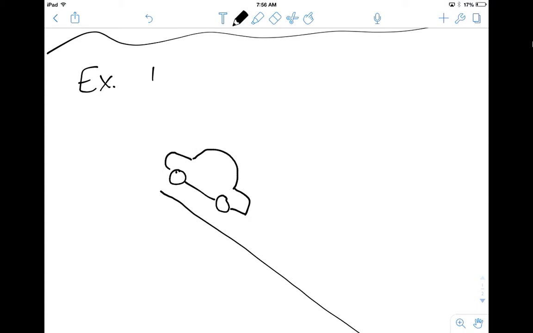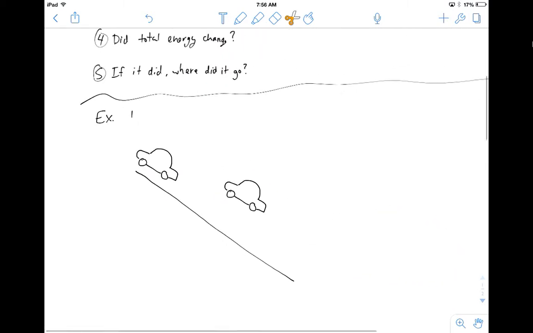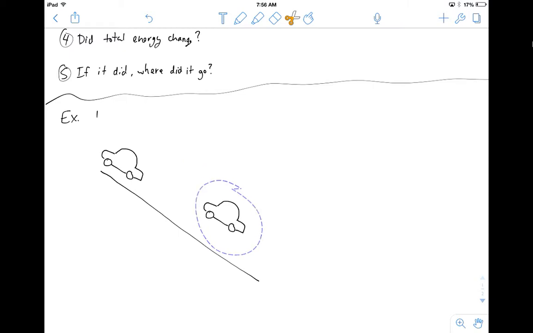Man, that's a good car. Okay, and so the car starts at the top of the ramp, and then it travels down to the bottom of the ramp. So this is going to be point A, this is going to be point B.